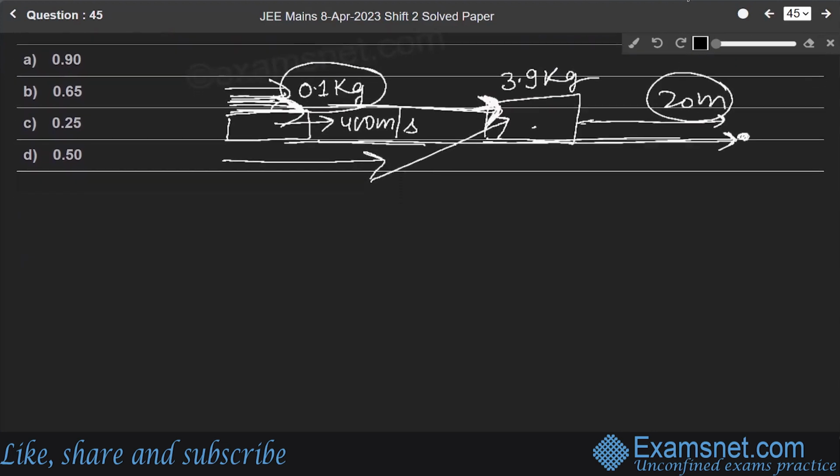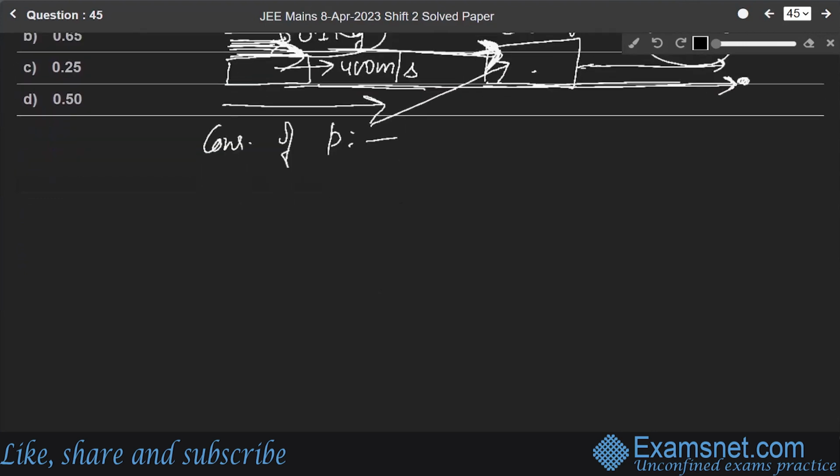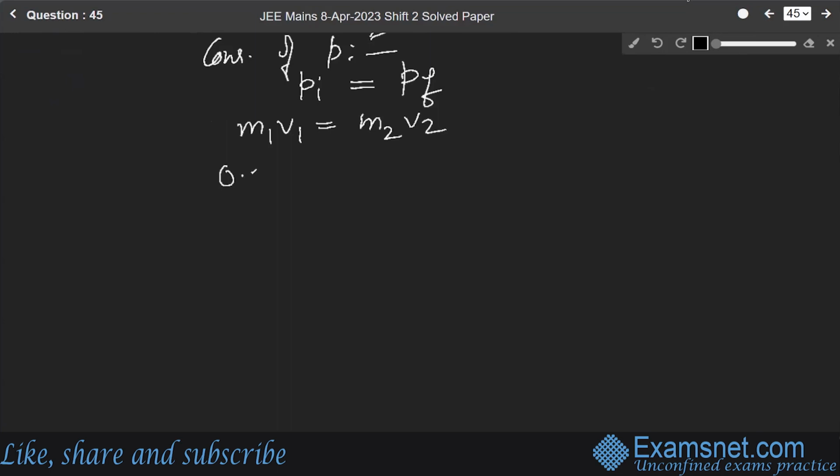So applying the conservation of momentum. Conservation of momentum says the momentum before collision must be equal to momentum after collision, means m1 v1 must be equal to m2 v2. So m1, the mass of the bullet, is 0.1.